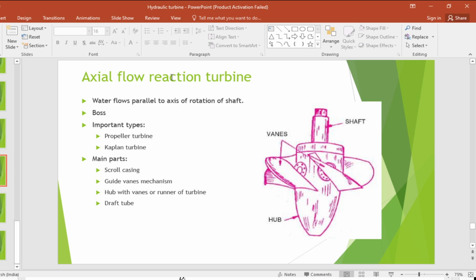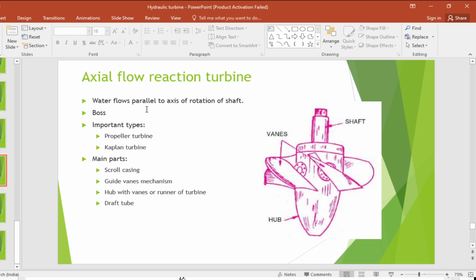Also, as this is a reaction turbine, the energy available is not only kinetic energy but also pressure energy. If it is an impulse turbine, then only kinetic energy is possessed at inlet, but as this is a reaction turbine, it possesses kinetic as well as pressure energy.